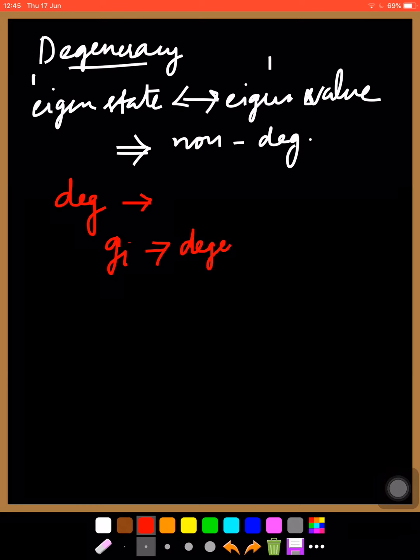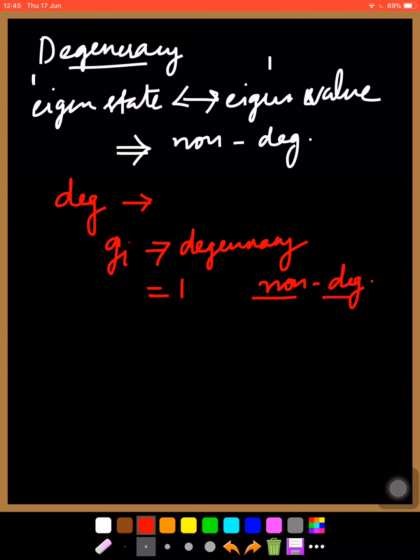Gi is known as degeneracy, and Gi is equal to 1 if the eigenstate is non-degenerate, and Gi equal to 2 if there are two eigenstates corresponding to one eigenvalue, and it is equal to 3 when there are three eigenstates corresponding to one eigenvalue. So this is the concept of degenerate or non-degenerate states and the degeneracy factor Gi.